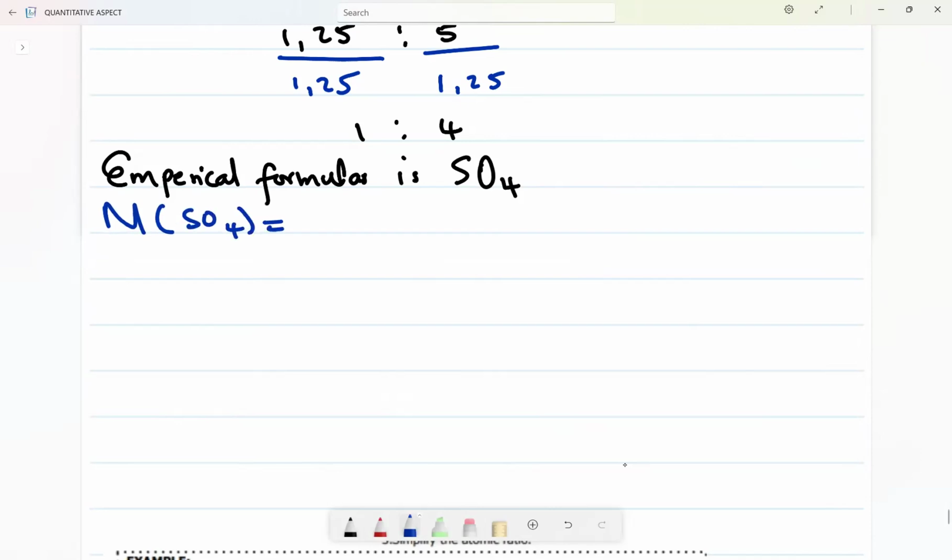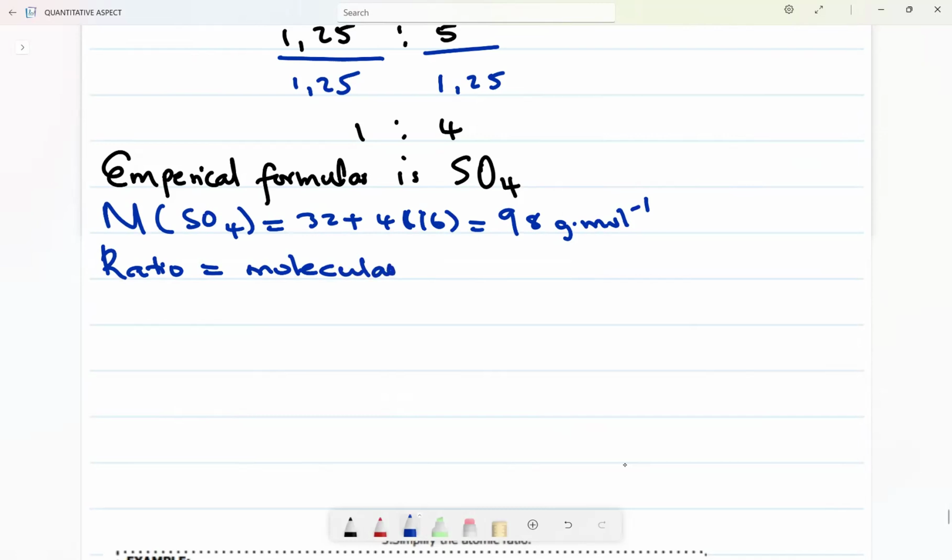It gives me 32 plus 4 times 16, which is 98 grams per mole. And then you're gonna say, what is the ratio between the molecular formula as well as the empirical formula.